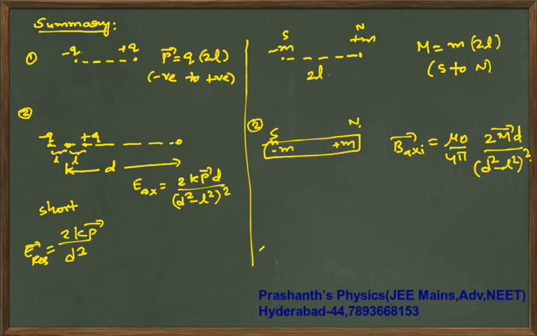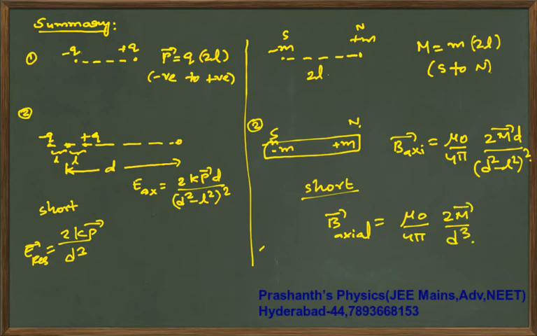So this is what you got for the magnetic field on the axial line. For a short bar magnet, your magnetic field on the axial line is mu naught by 4 pi times 2 into m by d cube.